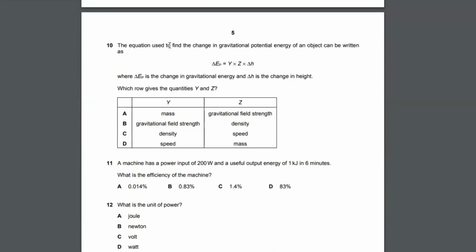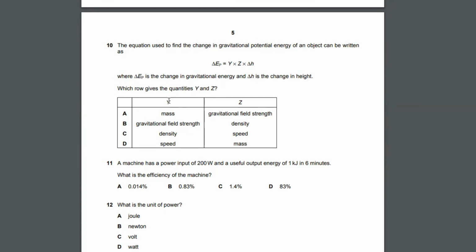Next is the equation used to find the change in gravitational potential energy of an object can be written as del EP is equal to y into z into del h. But del EP is the change in gravitational energy and del h is the change in height. So what is missing here? To find GPE. So GPE depends on the mass of the object, the height, and also the gravitational field strength or the acceleration due to gravity.